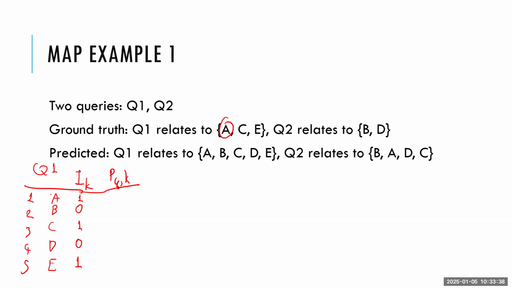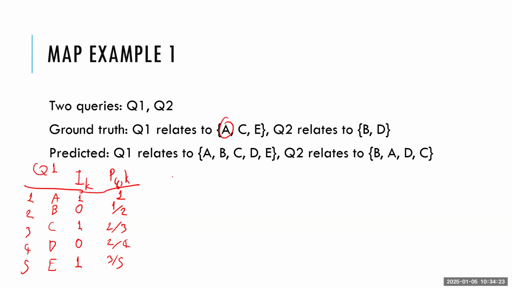So if K equals 1, what is my precision? 1, right? At K equals 2, what is my precision? It's 1 over 2. For K equals 3, 2 over 3. At K equals 4, 2 over 4. And K equals 5, 3 over 5.